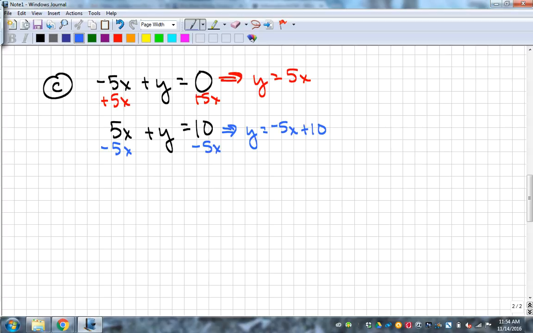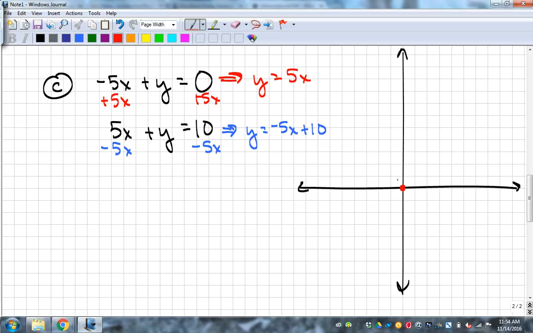Are those in the right form now? Yeah, so I'm going to graph them. So what's the y-intercept for the red one? 0. So it starts there.